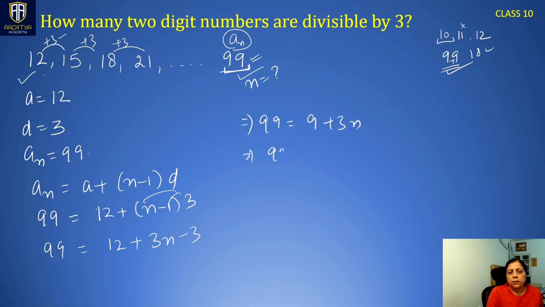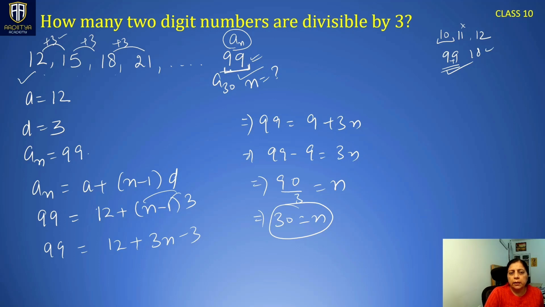So we have 99 minus 9 is 3n. 90 is 3n, so the value of n is 30. That means this is a30. The value 99 comes at the 30th number in this sequence. That means we have 30 numbers in all in this sequence, because the last term is 99. So this sequence has 30 terms.